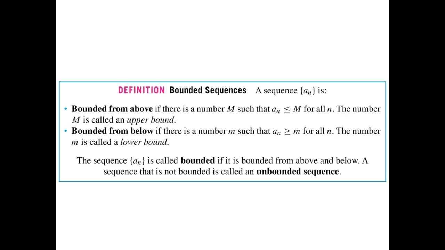Now the sequence a sub n is called bounded if it's bounded both from above and below. A sequence that is not bounded is called an unbounded sequence. In other words, you can't ever get a capital M and a little m that bracket it. Either it's going to dip below the lower one or go above the higher one. No matter how far you go, you can't get one big enough or small enough. That would be an unbounded sequence. Does that make sense? Just a definition so far.